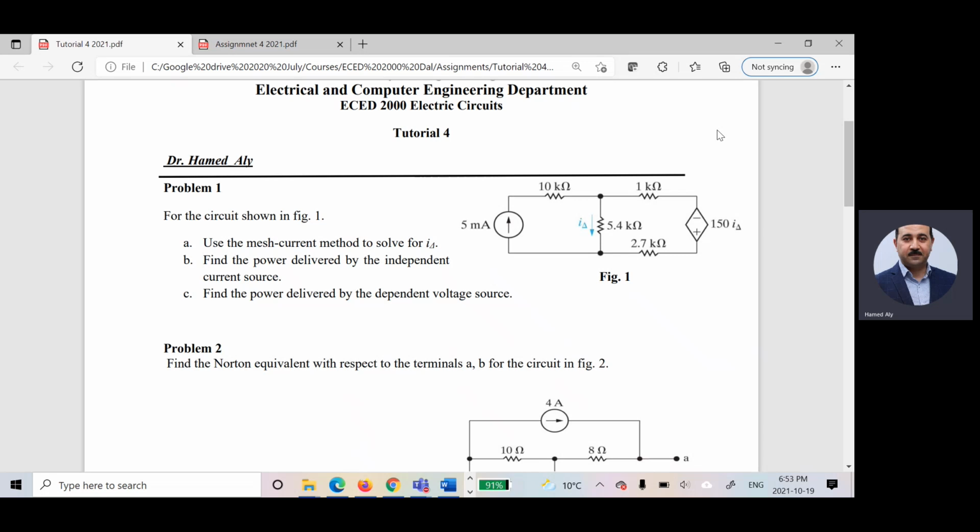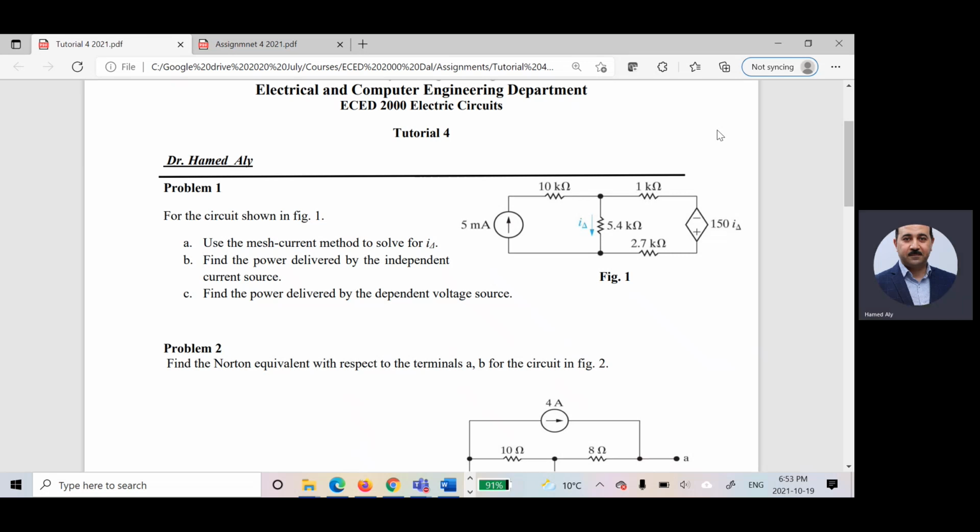This is what we studied in the case of Thevenin, Norton, maximum power, superposition, and mesh. Let me start from the beginning to talk about all the different theories that we covered. Number one, KCL and KVL and mesh, I'm considering both of them could be used for solving any problem.